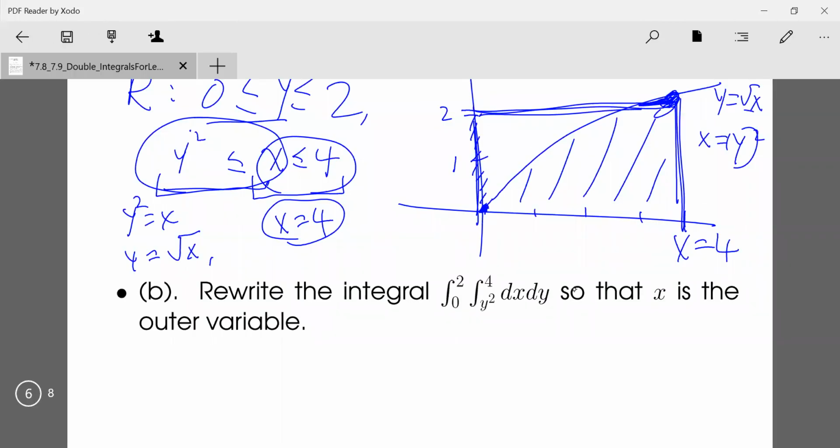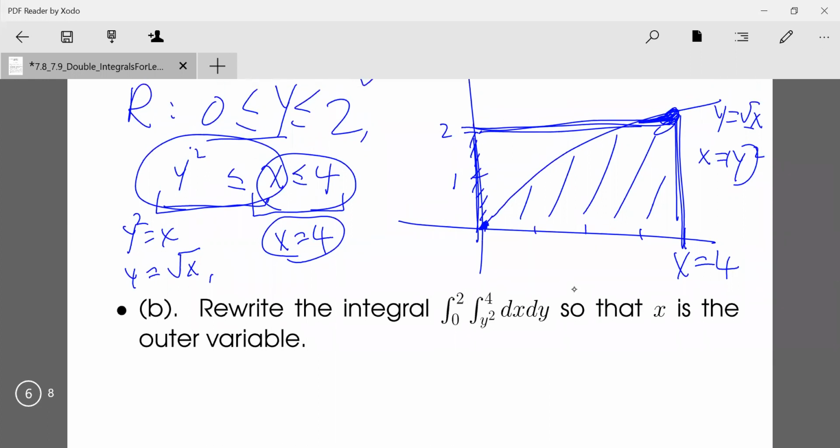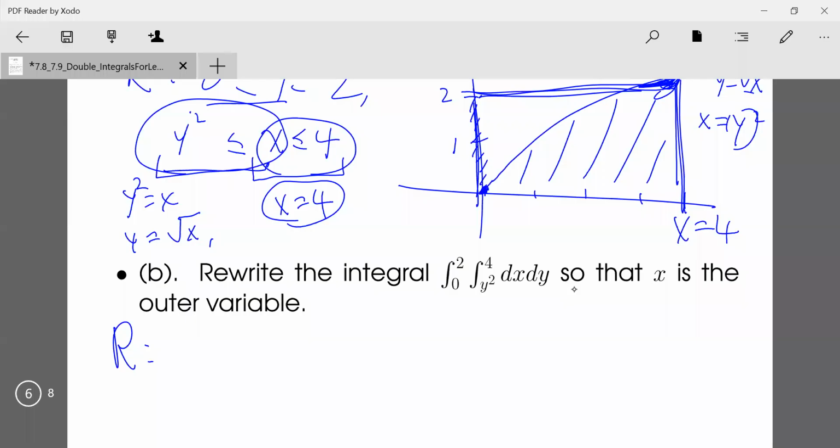Okay, now we can look at the second question, which is to rewrite the integral so that x is the outer variable. Now, which means we're going to change the way R is described. So based on this graph here, R can also be described as follows.